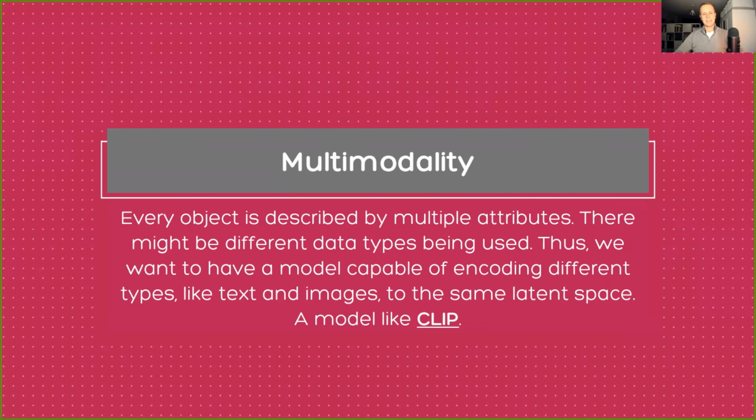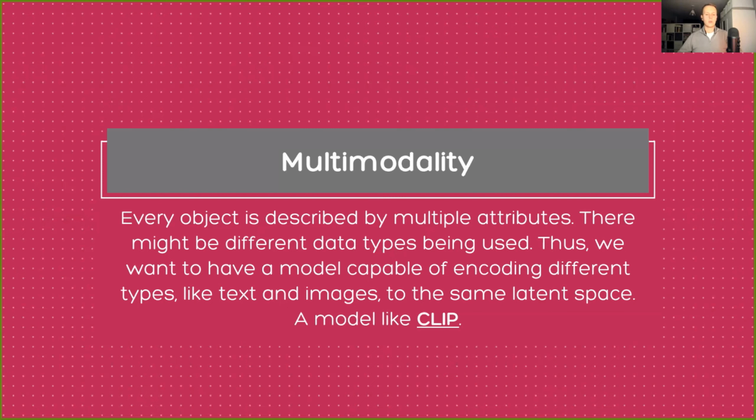And multimodality means that we need to have a model which will be able to encode not only text, but also the images. And the good thing about that is that we can encode the text and image separately, and they will be converted into the same latent space.